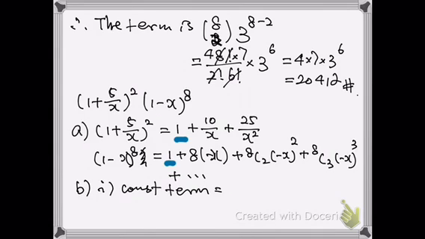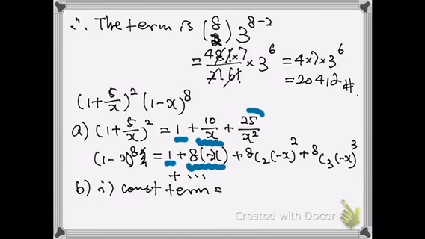Also the second one would be this one with x in the denominator, but if you times the x, these two x's cancel each other, that gives you another constant term.